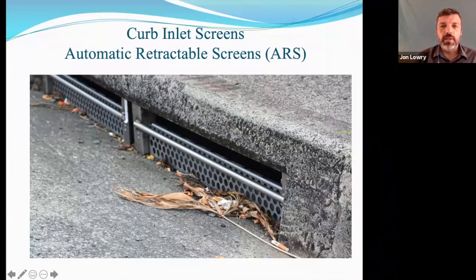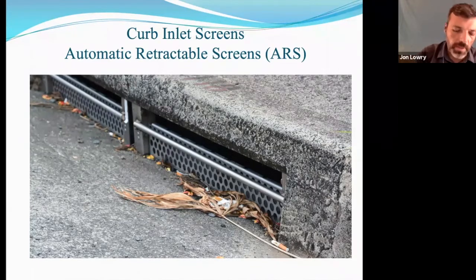Another permanent BMP that we've been using is the automatic retractable screen guards. And these are more geared toward helping DOT highways meet their trash reduction plan requirement. They actually have a triggering mechanism. So during high flows, the locking mechanism will release and let the flows through so we don't get flooding.